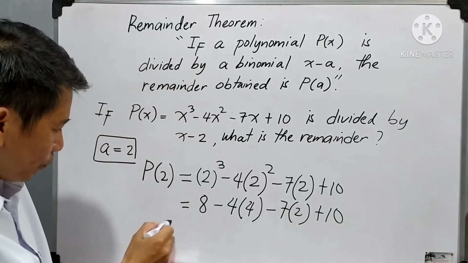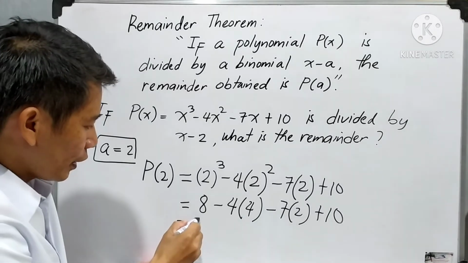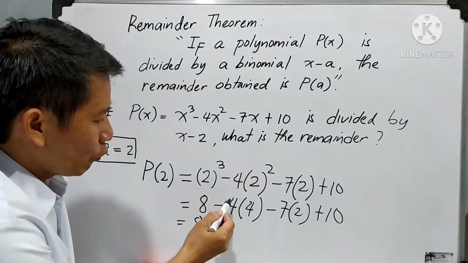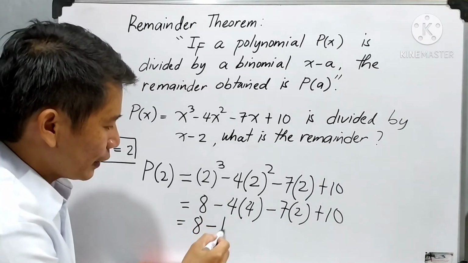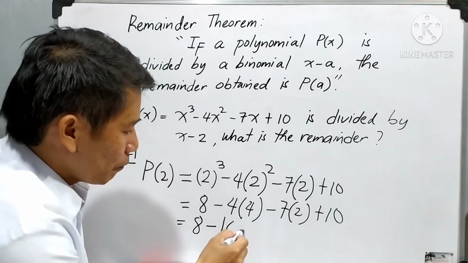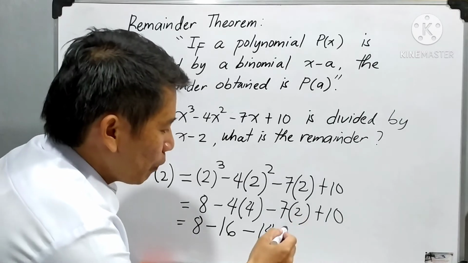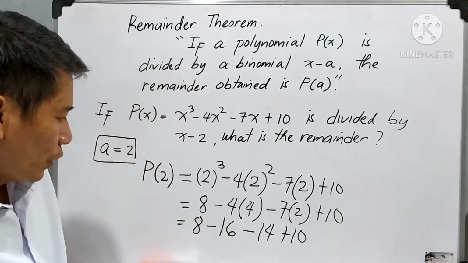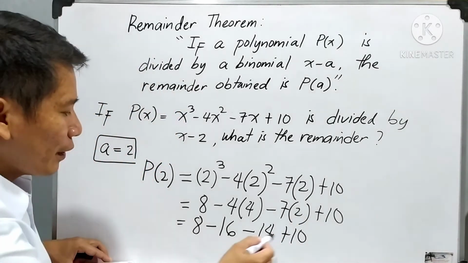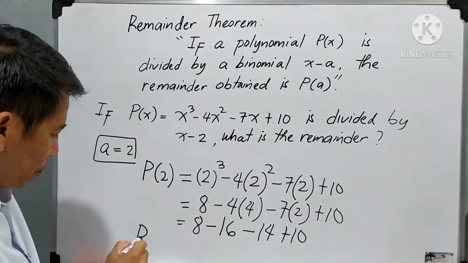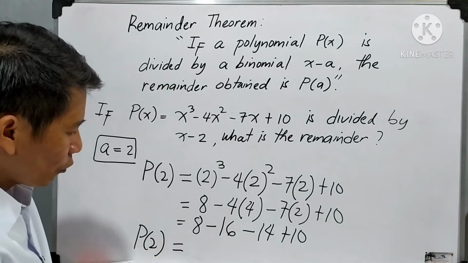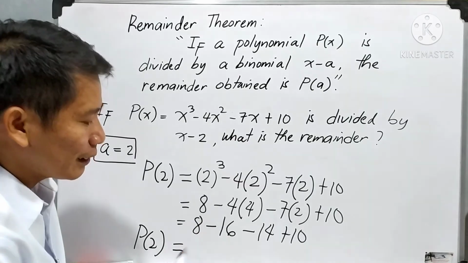Okay, let's continue. So, 8 minus 4 times 4, that is 16, minus 7 times 2, that is 14, plus 10. So, let's simplify this further, and that is our p of 2. So what is it? 8 minus 16.